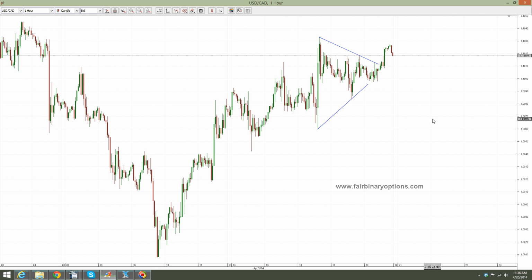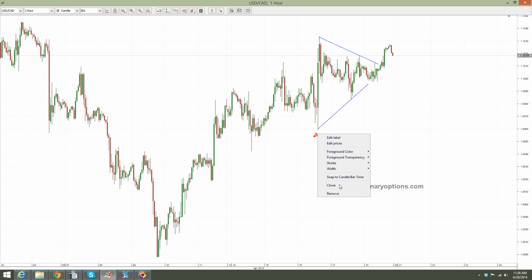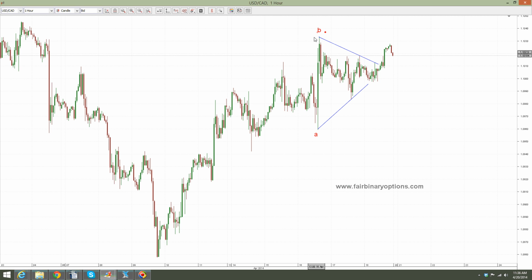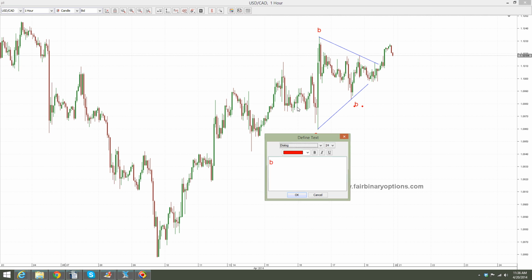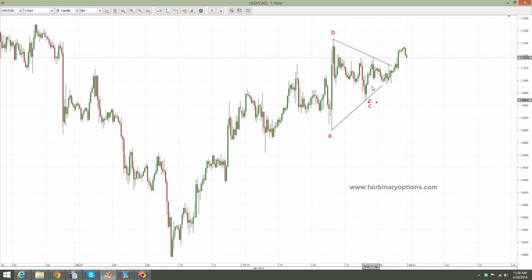Now, if you look at this pattern or at this triangle, it should be labeled as this being wave A, and the B wave to the upside, and the C wave here, and the D wave.